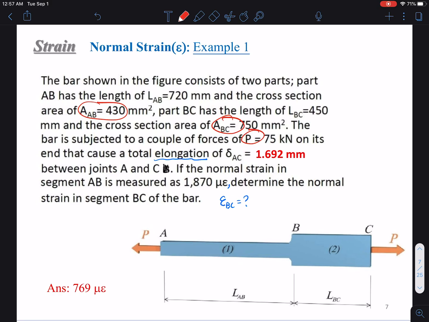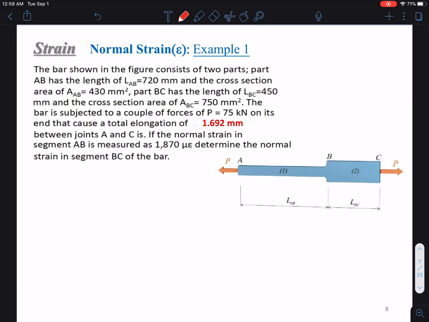Just if we need to calculate the stress in this bar, we will use this loading and the cross-section areas. But here in this example, we're not calculating stress, we're only calculating strain. So this data will be useless. We only need the length, length change and strain. After this analysis, let's try to solve this problem.